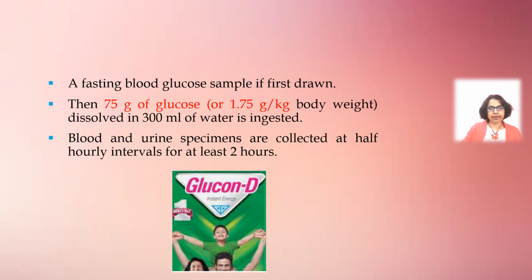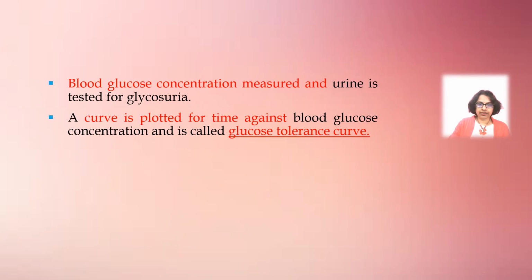Blood and urine specimens are collected at half hourly intervals for at least 2 hours. Blood glucose concentration is measured and urine is tested for glycosuria.